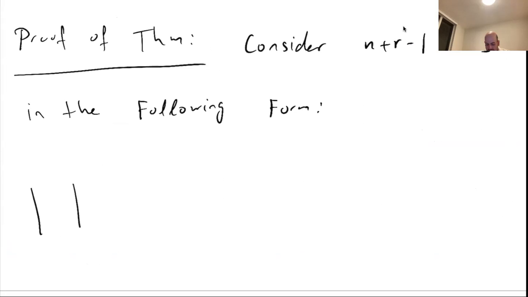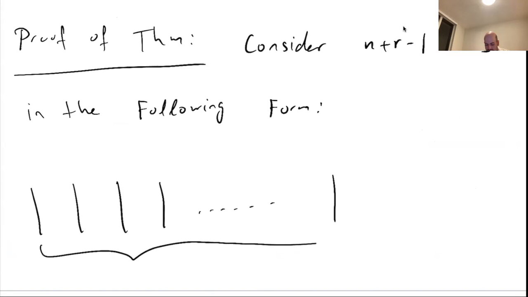So see, 1, 2, 3, 4, up to n plus r minus 1.